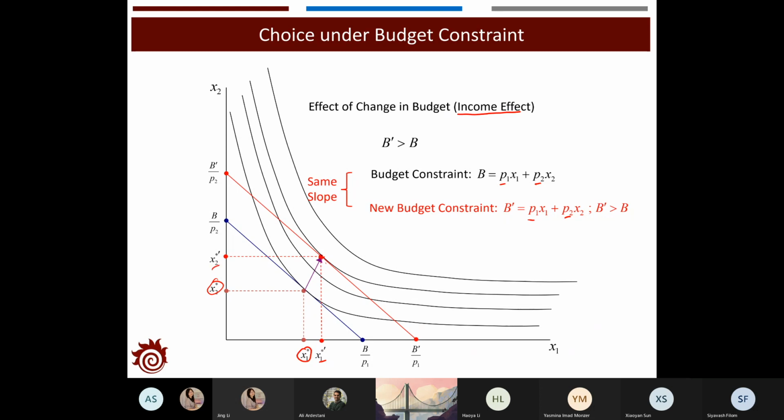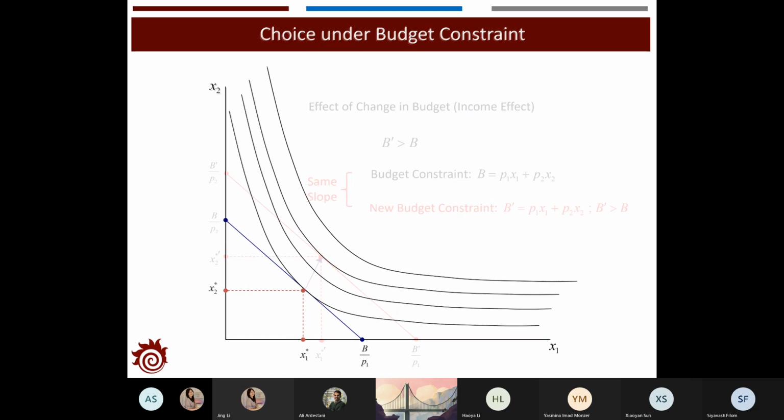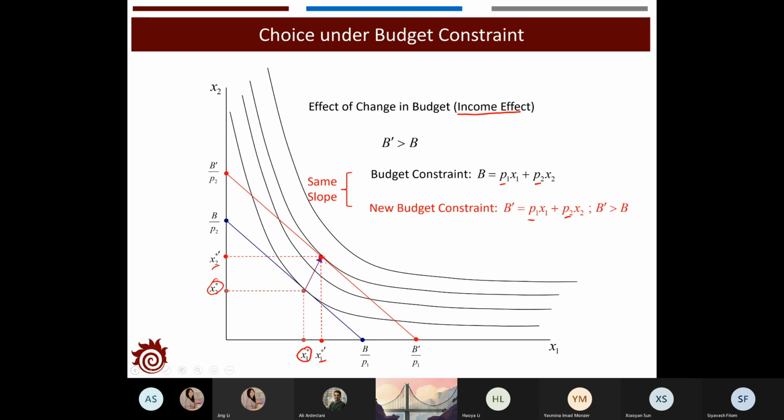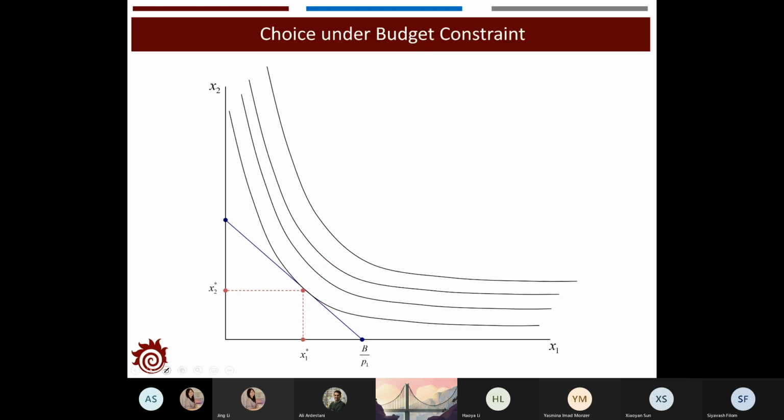The changes from x1 star to x1 star prime and from x2 star to x2 star prime are defined as the income effect, how the income will change the consumption of the two products. And this is about the impact of the budget.